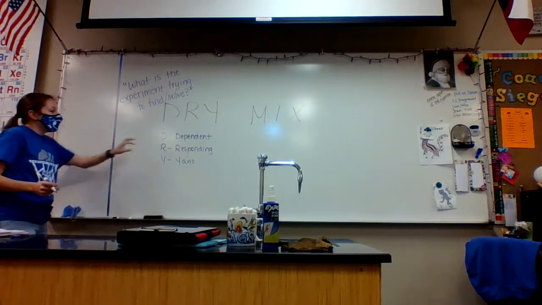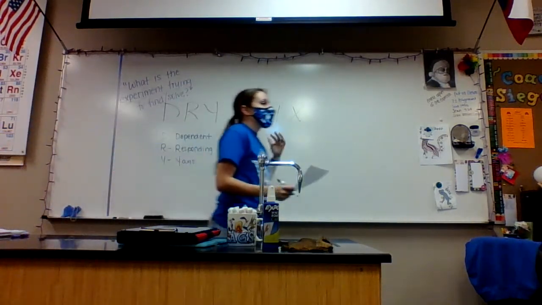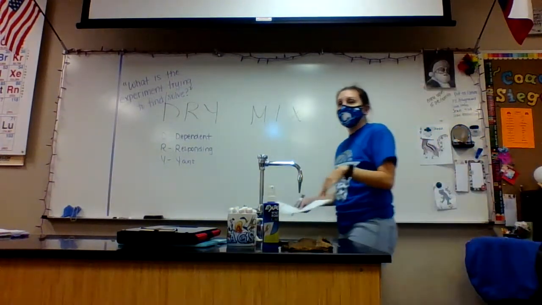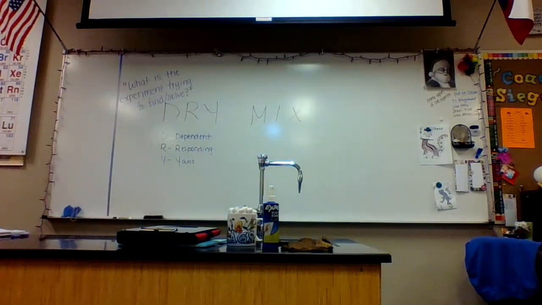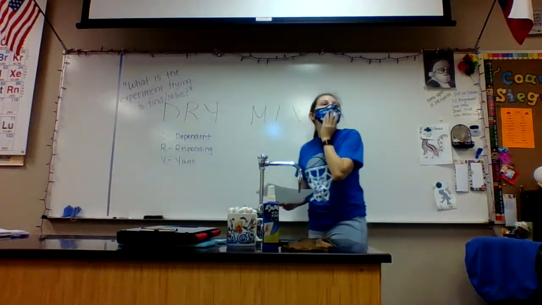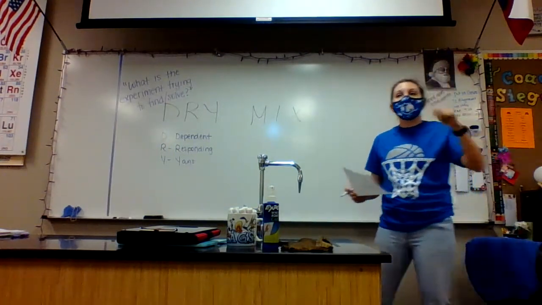Okay? So the R says responding. That's going to be the variable that's responding to your experiment. Say that I have an experiment and I want to see what type of fertilizer works best on my flower, my rose bush. So I'm going to change my different types of fertilizers, right?